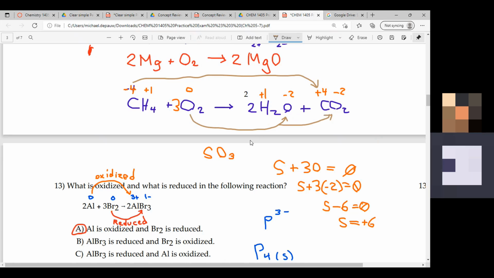And you said hydrogen, when it's with non-metals, is positive? When it's with non-metals, it's a positive one. When it's with metals, it's a negative one. Exactly. And one thing you'll notice, hydrogen's oxidation number didn't change, right? +1 and +1. You'll have elements like that sometimes where the oxidation number doesn't change. So the hydrogen was neither oxidized nor reduced.